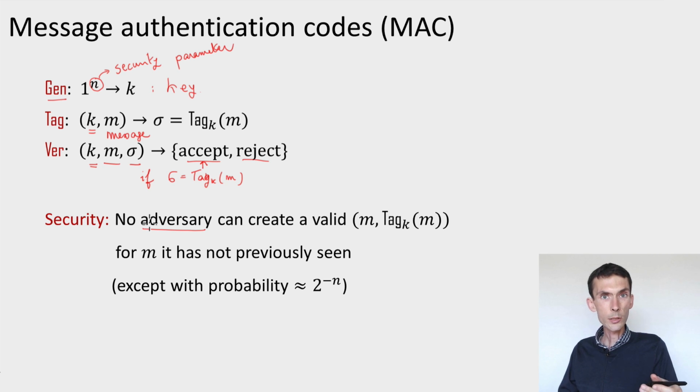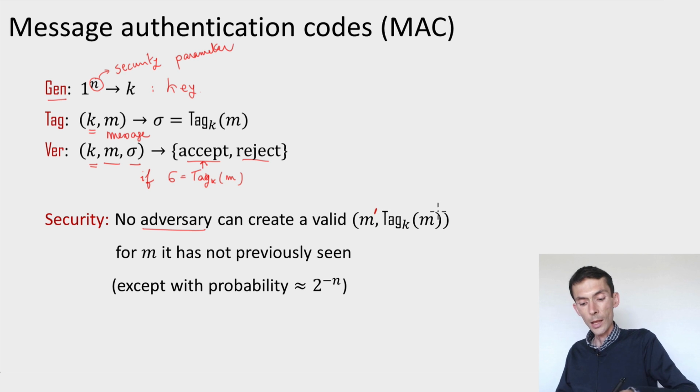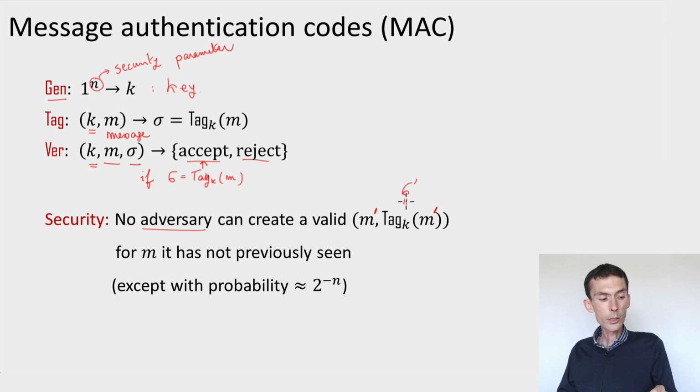The adversary sees a bunch of valid (m, sigma) pairs, but the MAC is secure even though the adversary has seen all these message-tag pairs. It is not able to come up with a new message that it hasn't seen so far, let's call it m prime, and a tag sigma prime for that message that will be accepted by the verification procedure. So that's the security of a MAC.